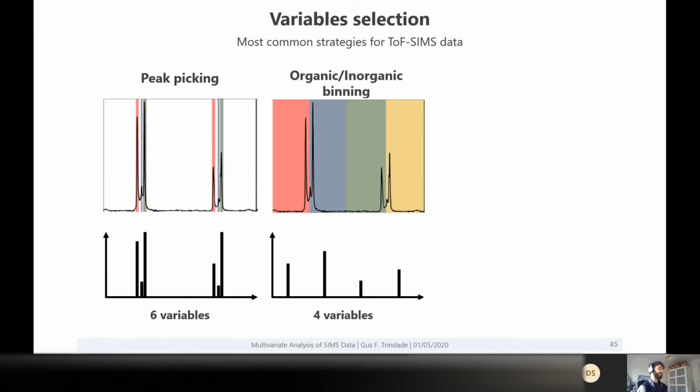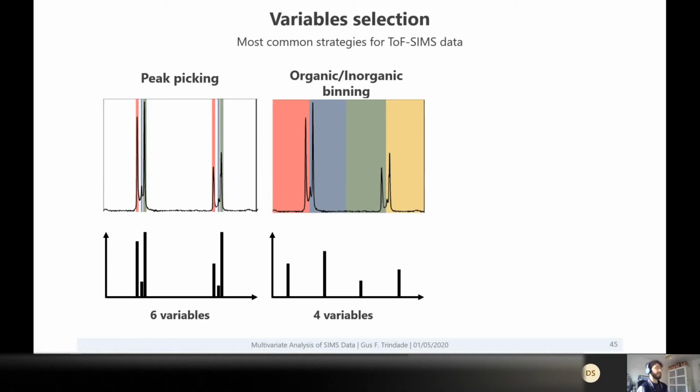We can also do organic, inorganic binning. So up to, I don't know, 200 mass units, most of the times, it's not for every kind of sample, but things on the left-hand side of the nominal mass will be inorganic, and the right-hand side will be organic. So you can do this kind of separation. You can get all the counts from the left-hand side and right-hand side, and then turn them into variables.